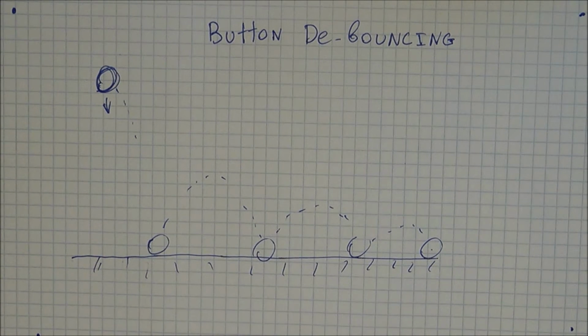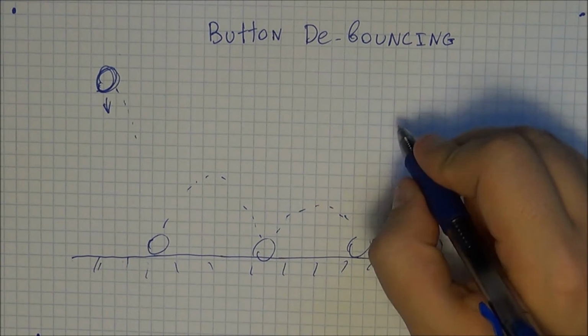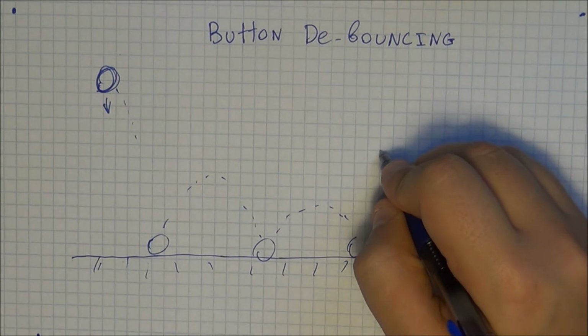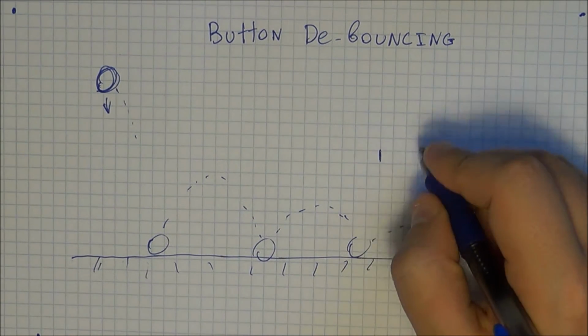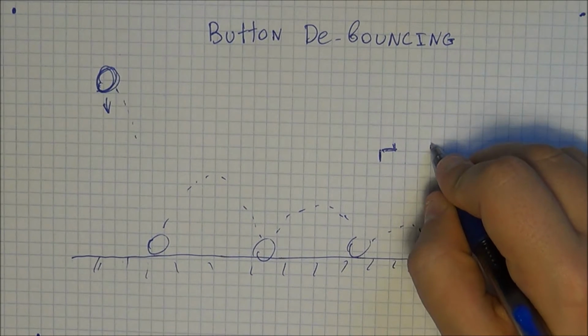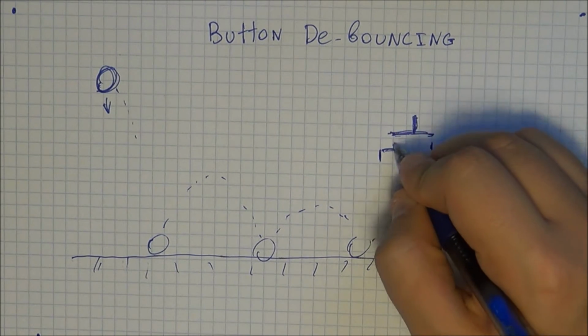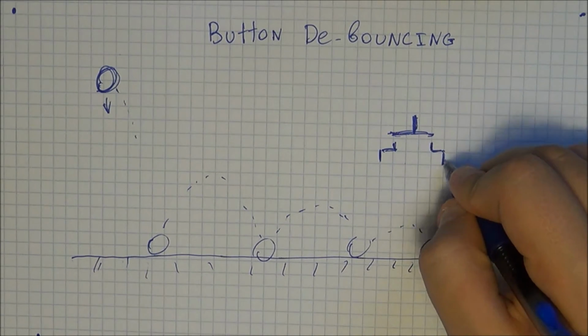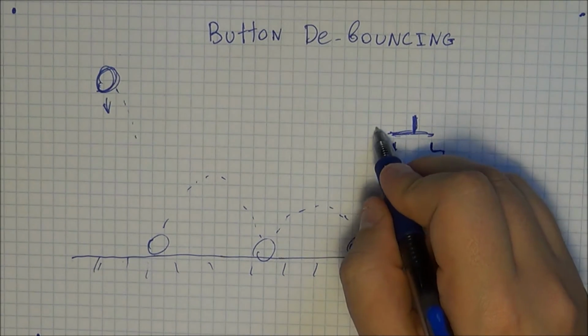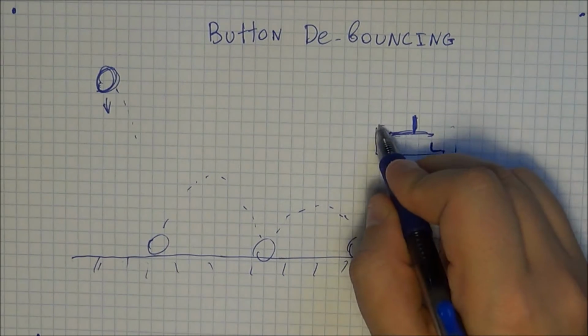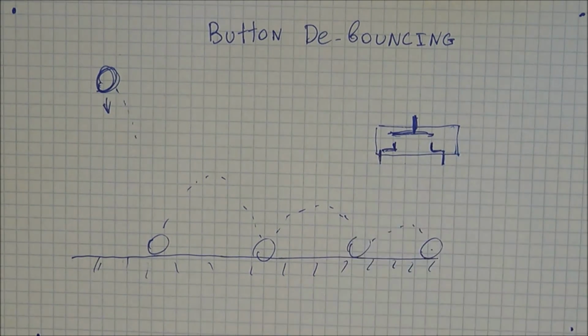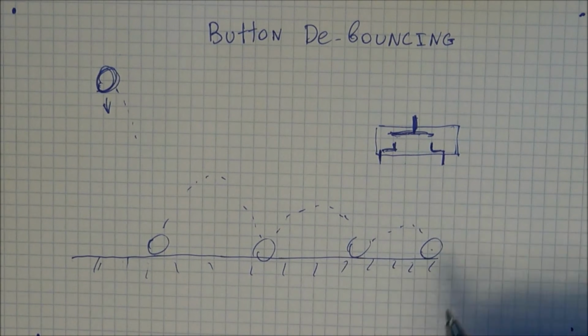So how does this relate to the button? Well, actually, when you push your micro switch, so you have two leads, right? And something like this, your switch may be different from my drawing. You are creating the same type of effect on a very short period of time.